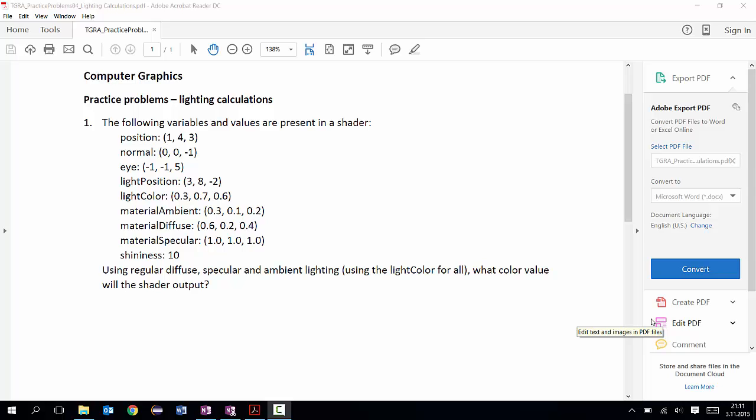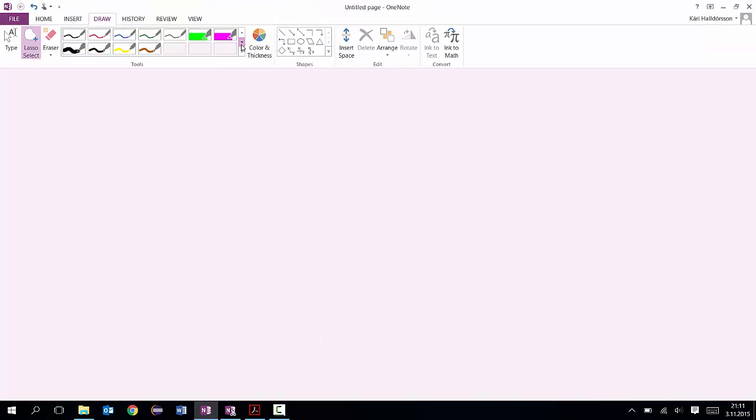So let's begin by identifying what objects we need here. If we imagine we have just a point here, the position, let's call it P for now. At some point we have a light, we have an eye or a camera somewhere else.